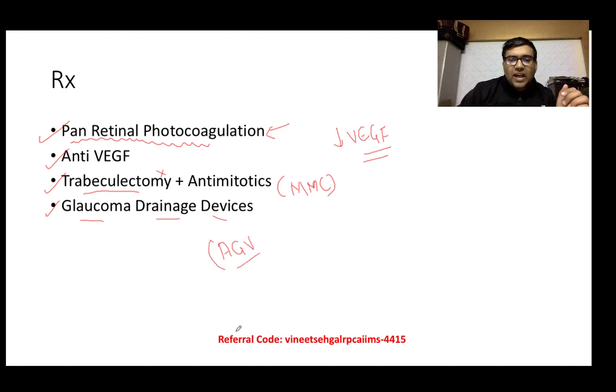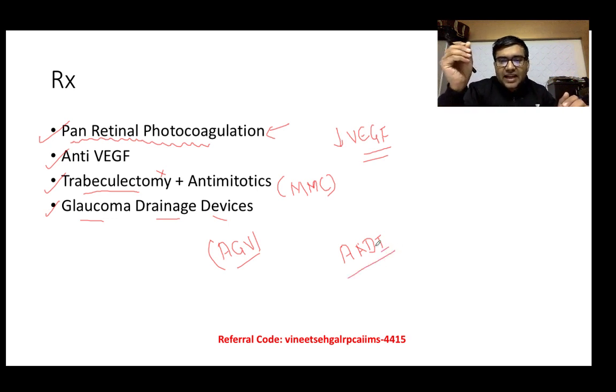Nowadays, there is a new valve called the Aadi valve, that is AADI. This is an indigenous valve manufactured by the Arvind Eye Institute, and it is also used for the management of these complex types of neovascular glaucoma.